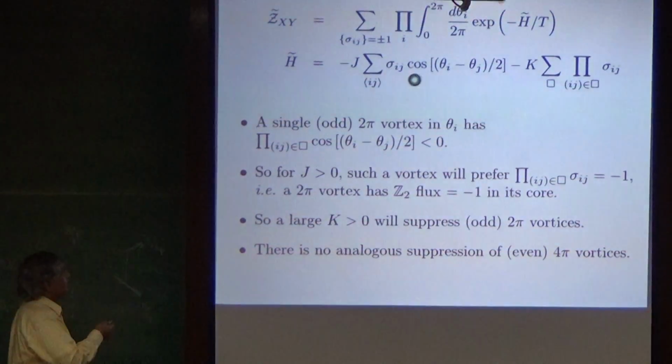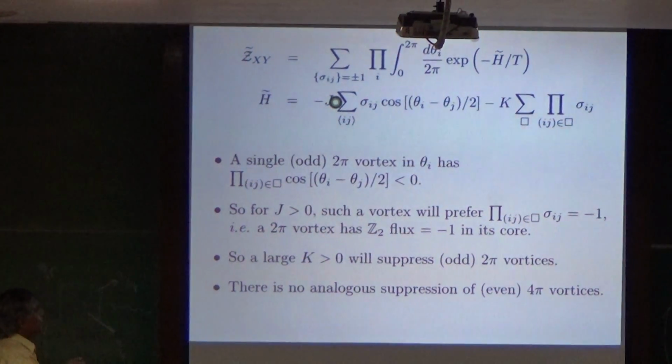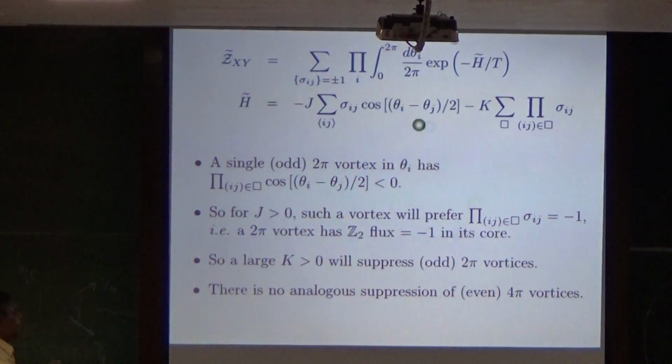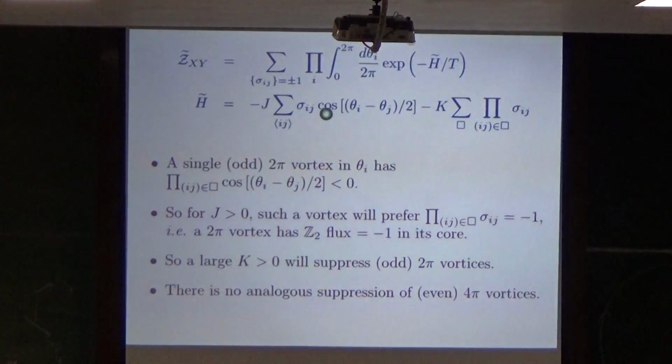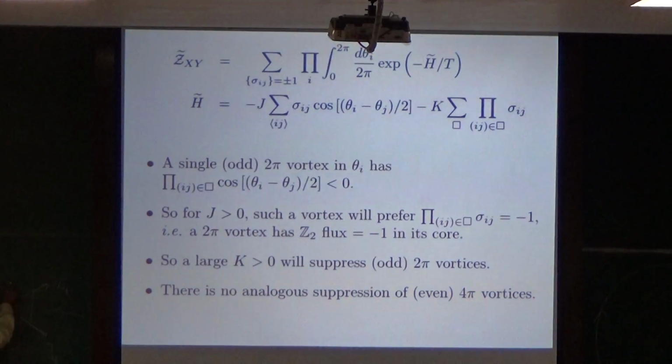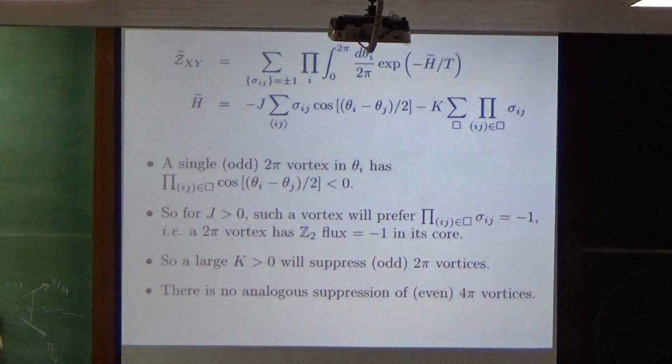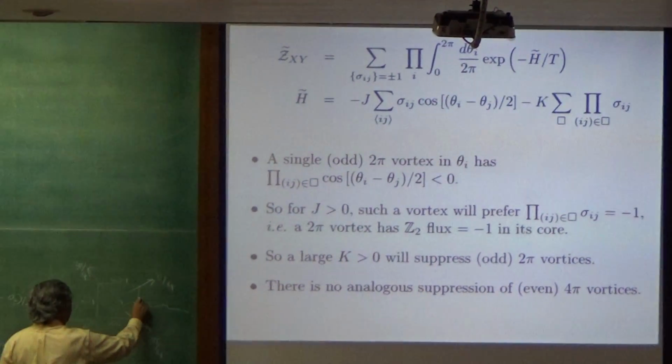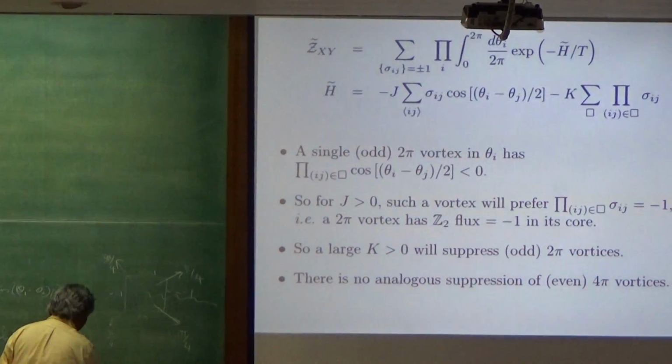We don't want the cosine to be negative, because J is large. So when this becomes negative, this will also become negative on that link. So when you minimize the energy with the J's, here you will have sigma equals 1, sigma equals 1, sigma equals 1, and here you'll have sigma equals -1.